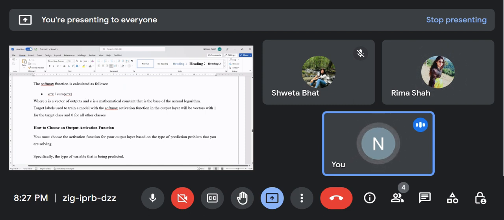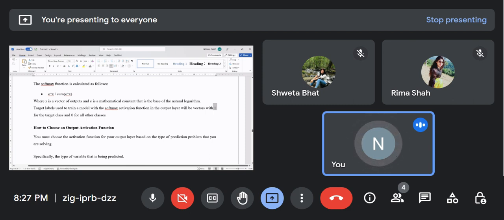The target labels we use to train our model with softmax activation in the output layer will be vectors with 1 for the target class and 0 for the other classes. If the probability is nearer to 1, for example 0.8, 0.7, 0.75, then you are much nearer to your target.